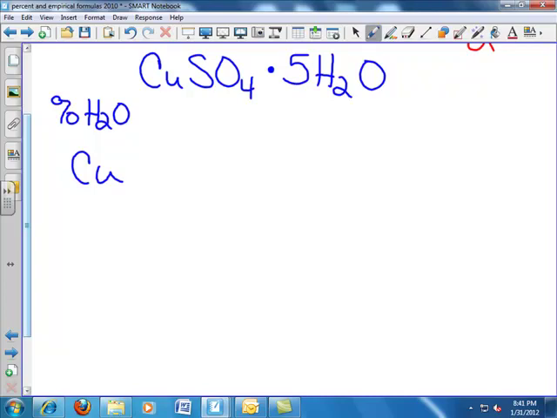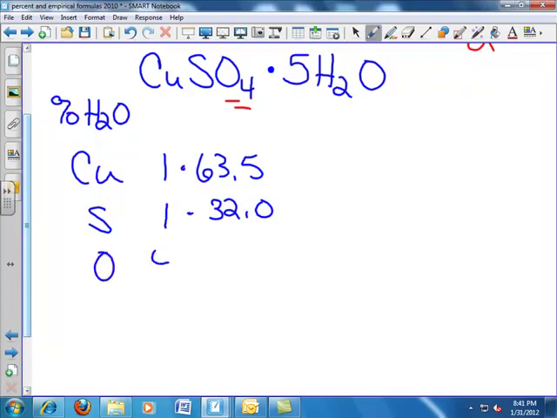So copper, there's one copper atom at 63.5, and I'm going to drop the grams per mole. There's one sulfur at 32 grams per mole. And right here, there's 4 oxygens at 16 grams per mole.